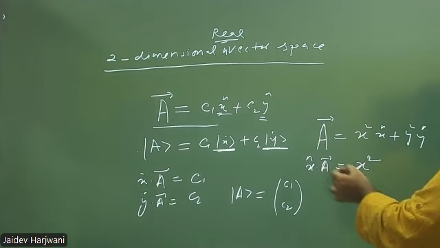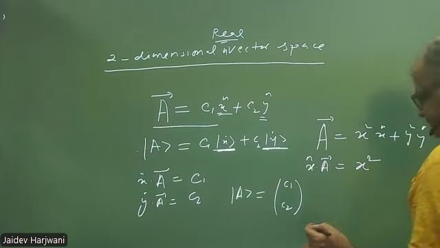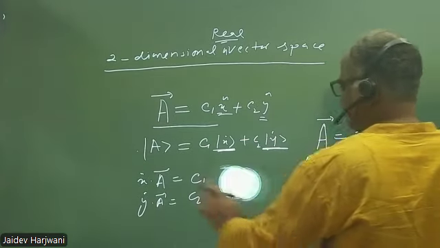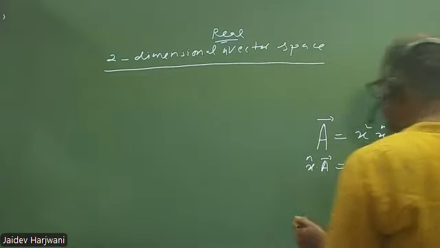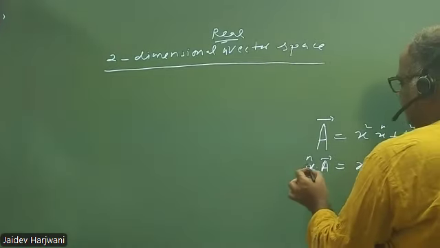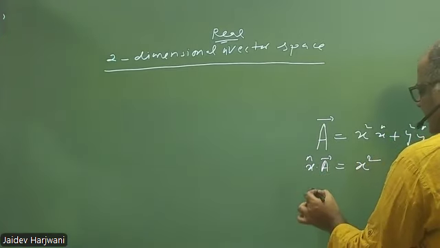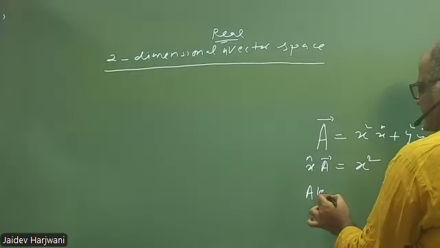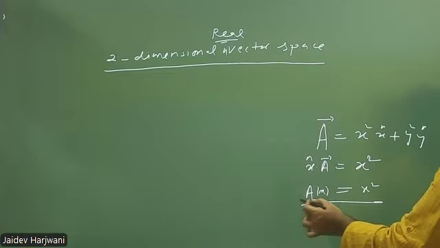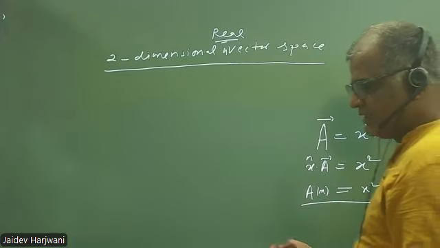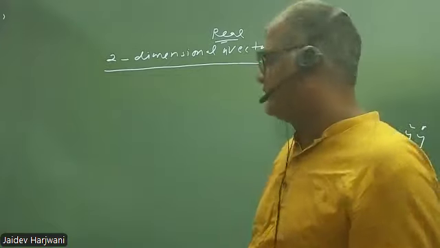Now these components are continuous. This will be the x component of this vector, and I can say this is A of x, and A of x is equal to x square. Now A of x is a function, and a function is equivalent to an infinite-dimensional vector.